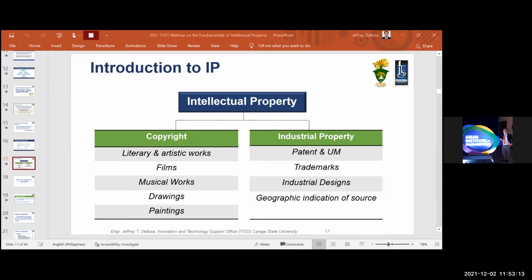If you look at this on the left side, engineers focus on industrial property, but creative people are particular about protecting their works under copyright, and that is what we need to discuss also on Monday. For engineers, we are more particular with patent, trademark, and industrial design for businesses.